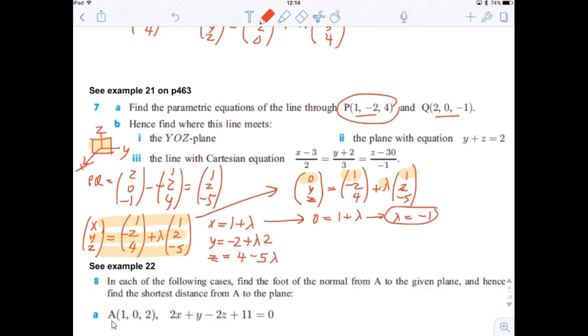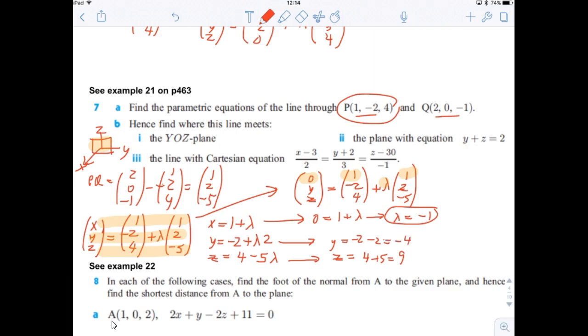That means we can figure out the y and z coordinates by putting lambda equals -1 into the other equations. We would get y equals -2 plus -2. For z, we would get 4 minus 5 times -1, which would be 4 plus 5. So z would be 9, and y would be -4.